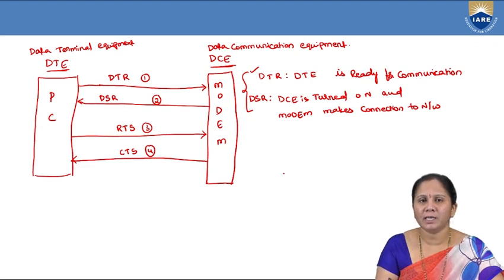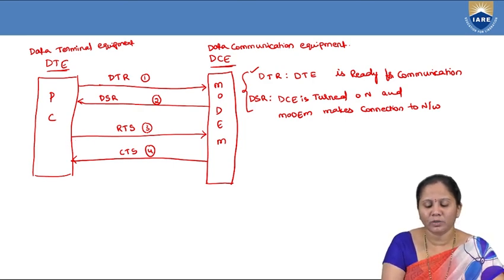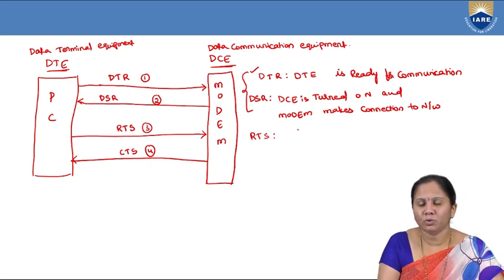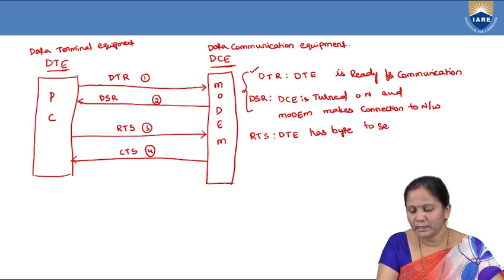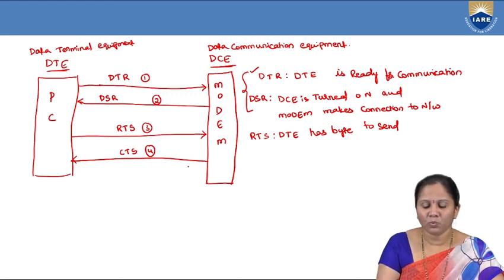Once the communication is established between these two, then the data will be transmitted. So here again, the PC is going to send the RTS signal. RTS represents request to send. That means this DTE has a byte to send. That means the PC is saying that it has data to send. If the modem is willing to accept that data, it is going to send the CTS signal to the PC.